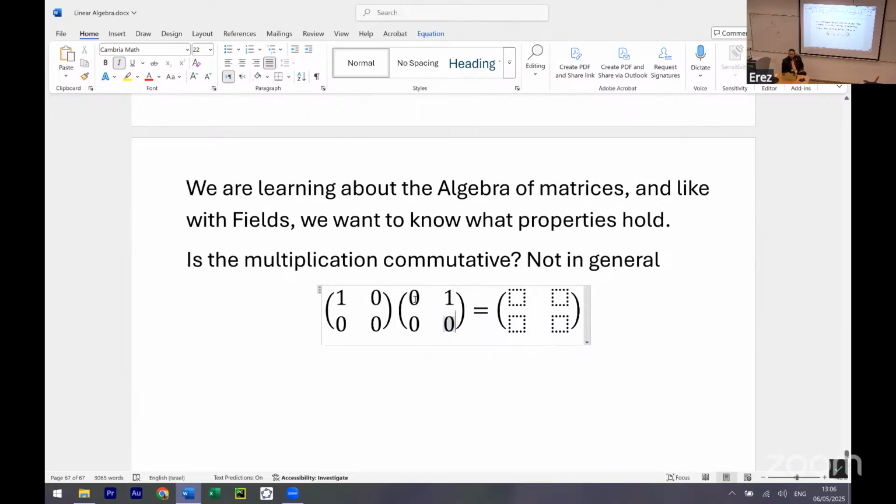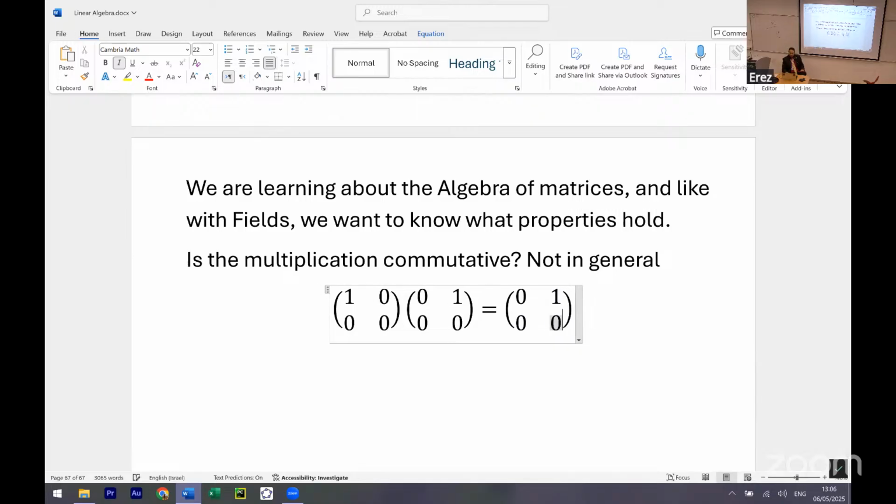So it's 1 times 0 plus 0 times 0, which is obviously 0. Then I take the first row multiplied by the second column: 1 times 1 plus 0 times 0, that's 1. And when I go to the second row, it's all zeros. So here I have 0, 0.